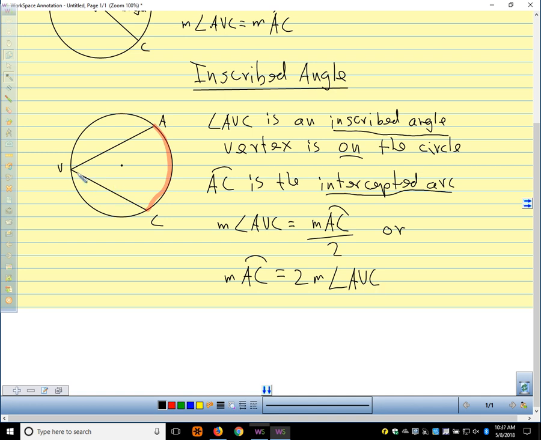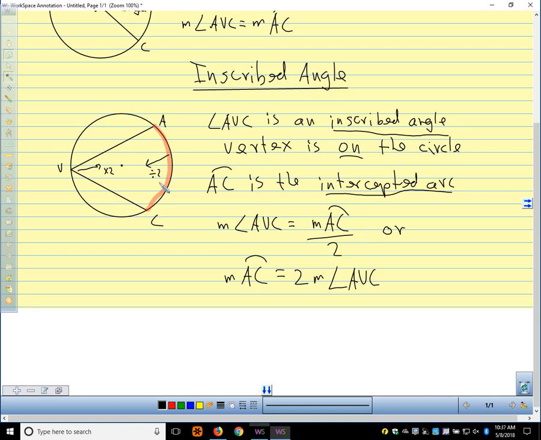And the way I think about this is to go from the angle to the arc, multiply by 2, and to go from the arc to the angle, divide by 2. So that's our key idea of today. When our vertex is on the circle, the measure of the arc is twice the measure of the angle, or the measure of the angle is half the measure of the arc.